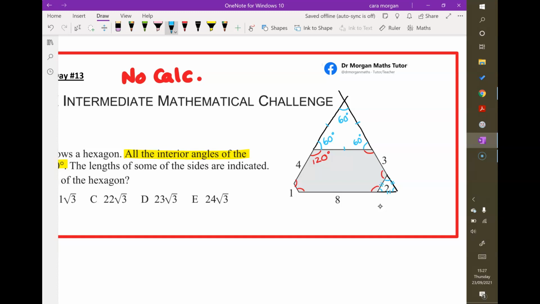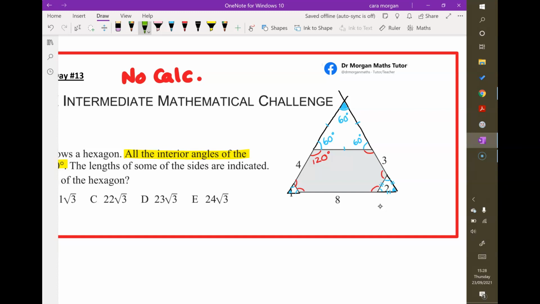The sides are the same but different from the ones in the top equilateral triangle, and lo and behold, if I draw exterior angles, I can see the bottom left-hand side is also an equilateral triangle. That is what's going to unlock this problem for me.